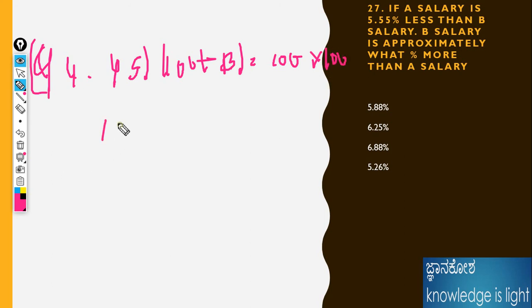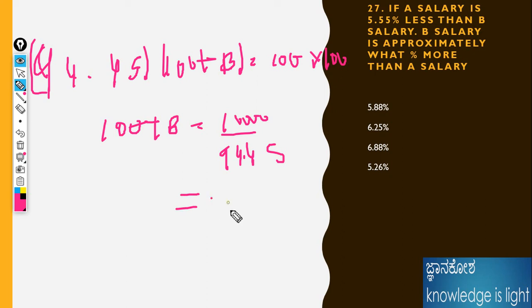Therefore 100 plus b is equal to 94.45 into 100, and if I calculate that one, we will get 105.87. Therefore for A, 5.87 is the increase, approximately 5.88 is the answer.